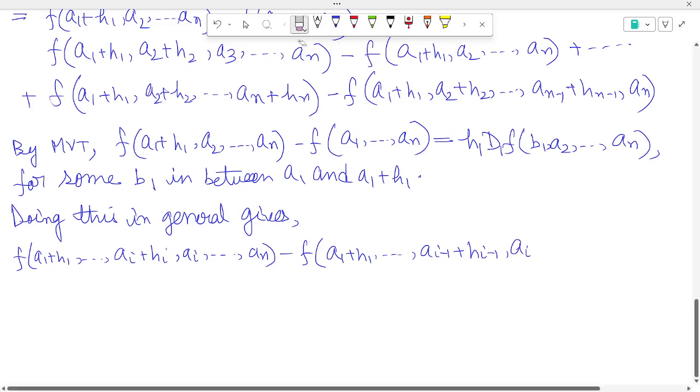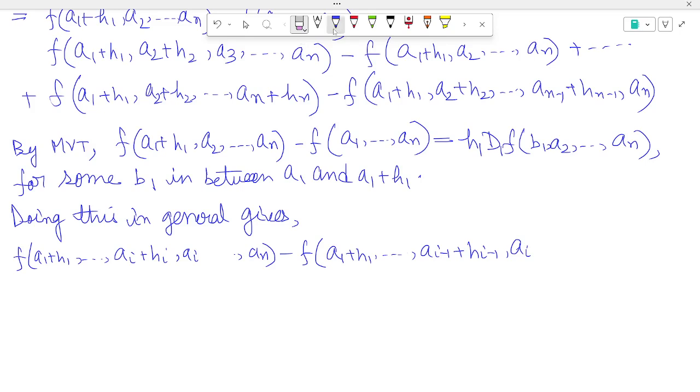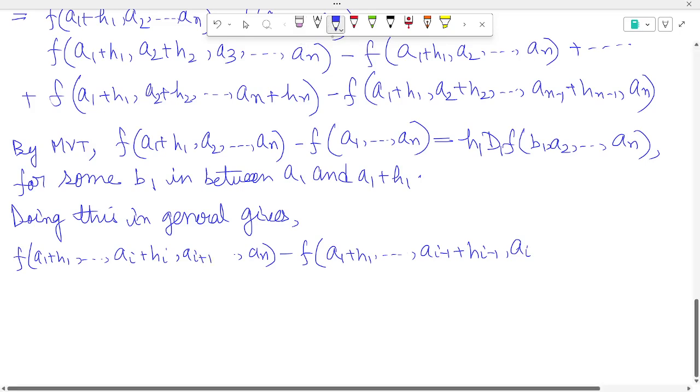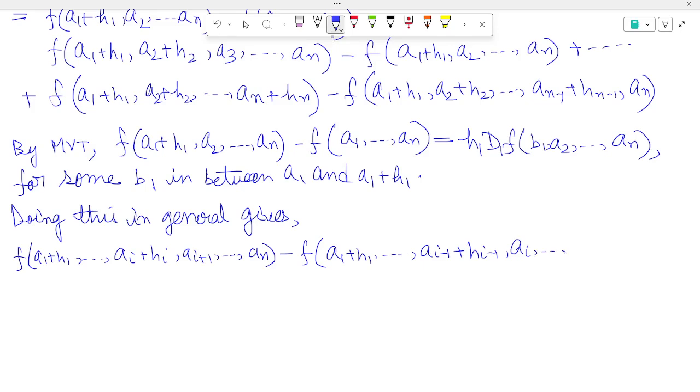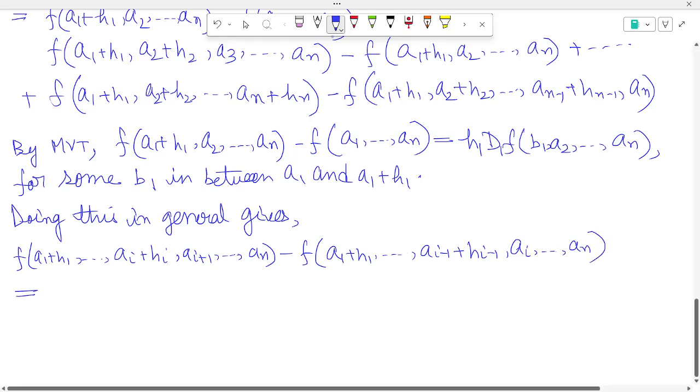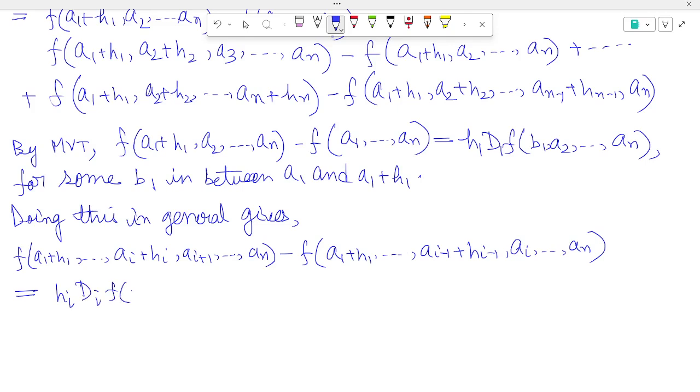So it is a_{i+1}, right? It is a_i, an. So it will give you something like h_i t_i f(c_i).